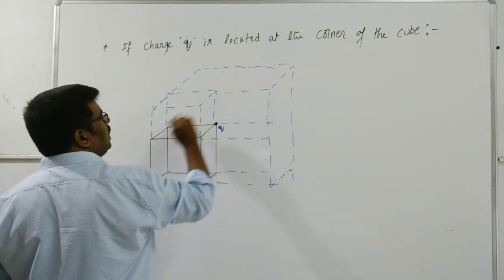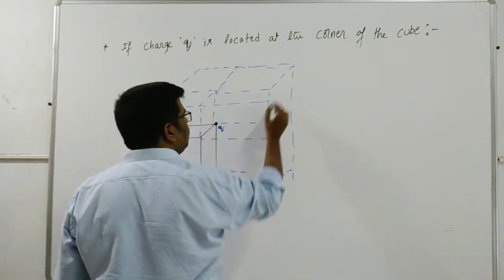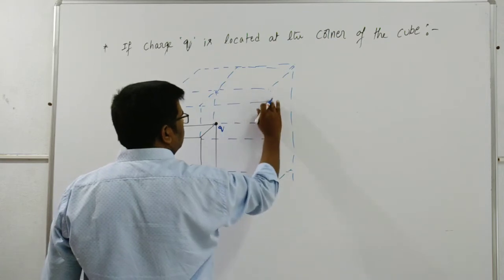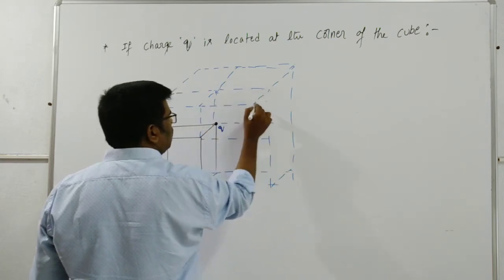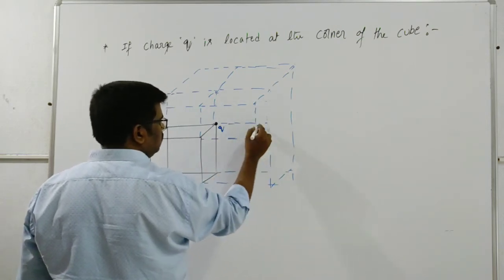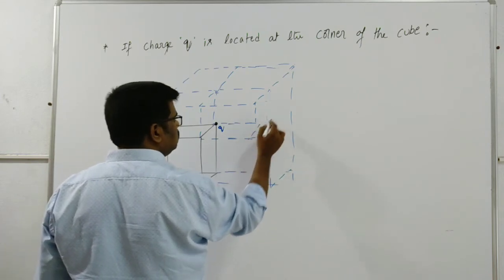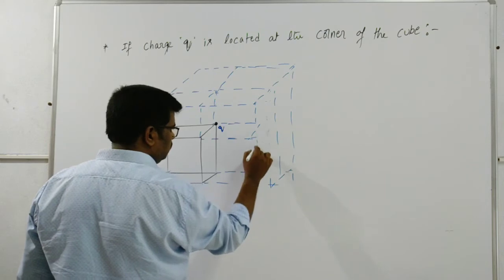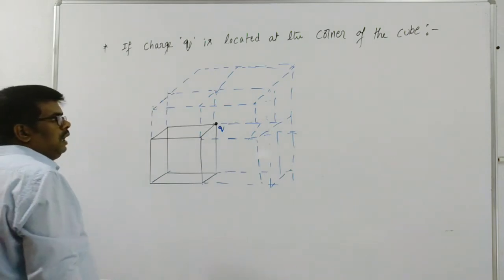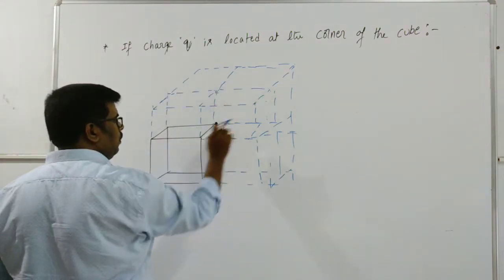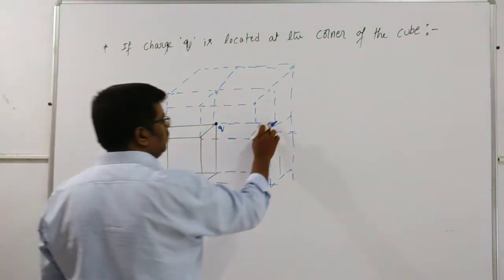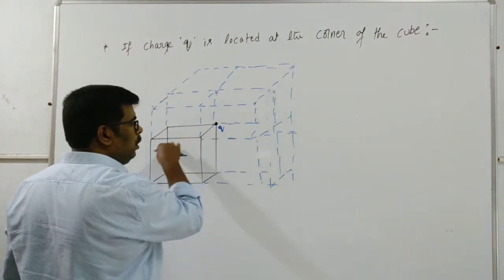Here we have this side one, this side one, this side one. Totally 1, 2, 3, 4, 5 backside, 6, 7 and backside. Totally we have 4 below, 4 above.